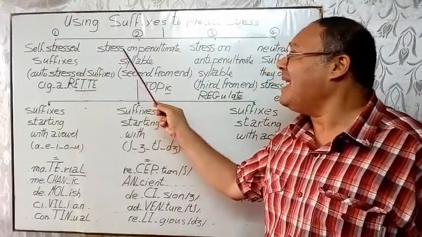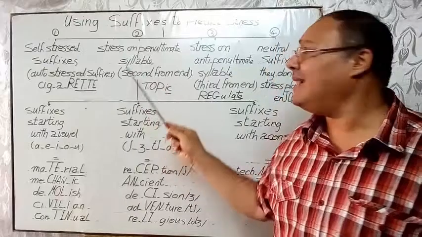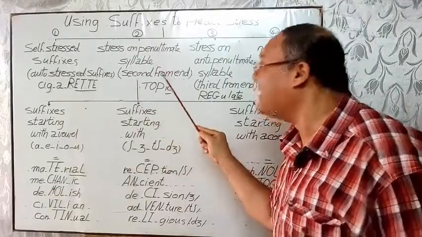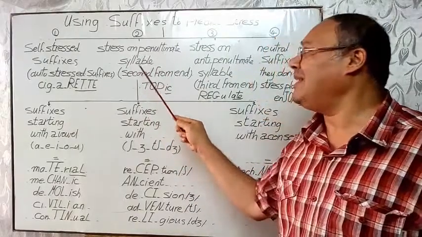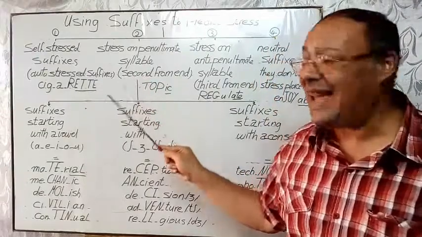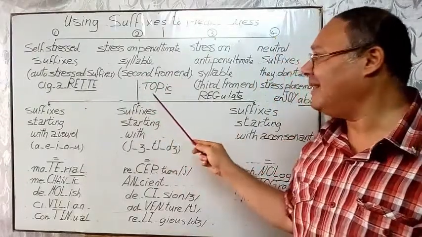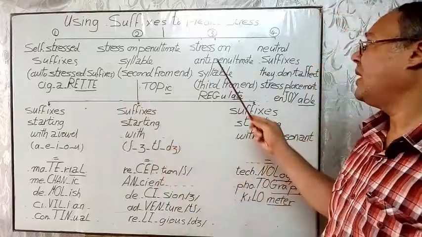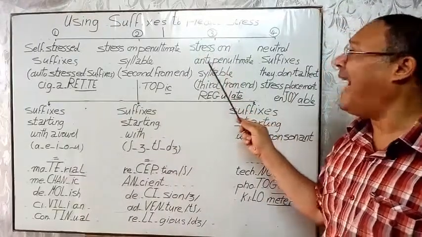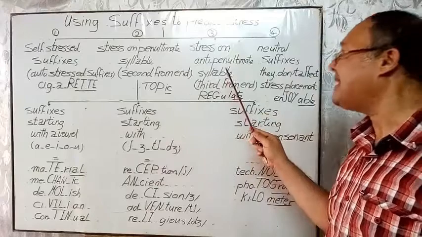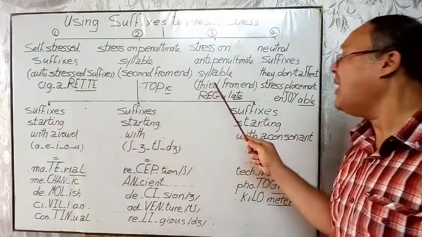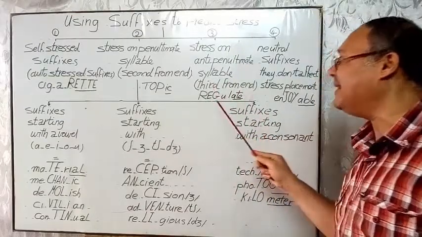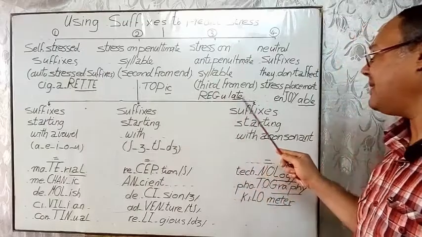We have suffixes stressing the word on the penultimate syllable, which means the second from end, like topic. Stressing on the antepenultimate syllable, which means the third from end, like regulate.